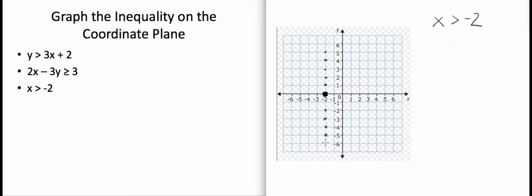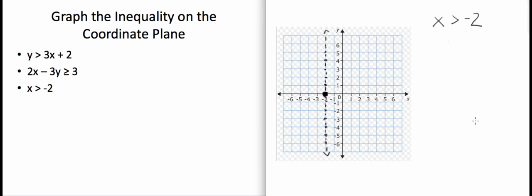So we have a vertical line at negative 2. Since this is a greater than symbol and has no equal sign to it, we make our dashed line going all the way up and our dashed line going all the way down. Do not connect the lines or the dots.